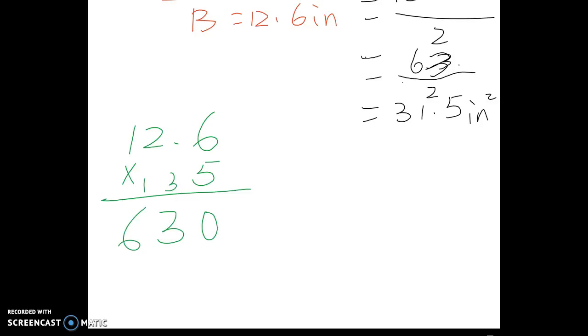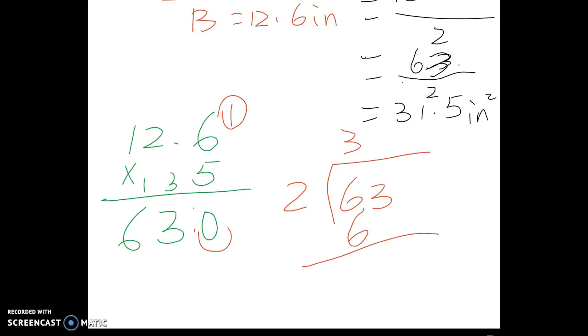How many places behind decimal point? We have only one place, so that's the decimal point place. Now, when we wanted to divide by 2, we put a 63 inside the division sign. Now 2 into 6, 3 times.